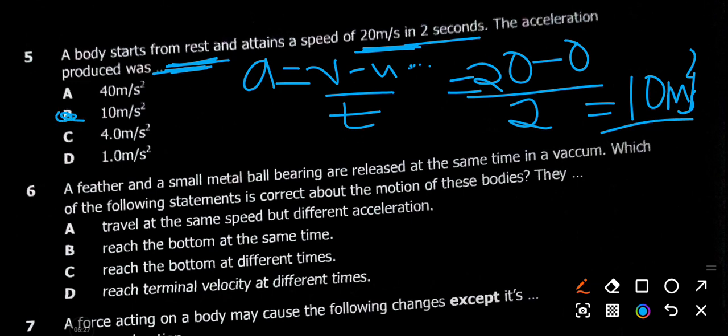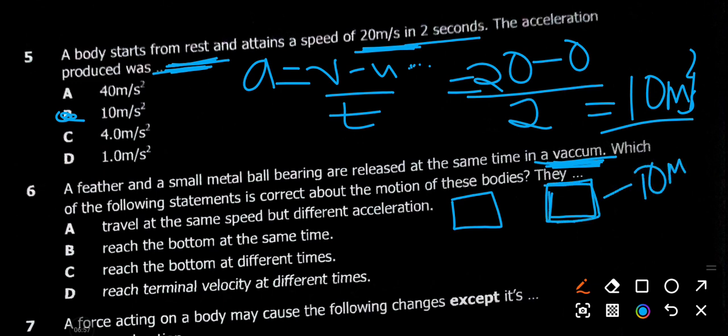Question 6. A feather and a small metal ball bearing are released at the same time in a vacuum. Which of the following statements is correct about the motion of these bodies? Remember, when we say a vacuum, it just means a space where air resistance is negligible, meaning that when we release two objects, they fall at the same acceleration of 10 meters per second squared because there is no air resistance acting.